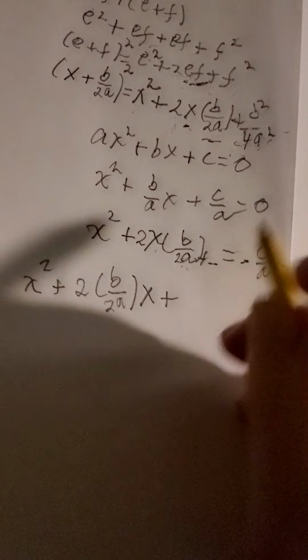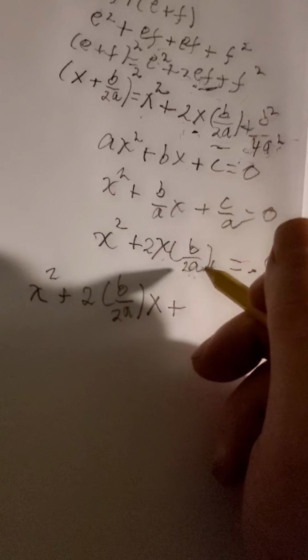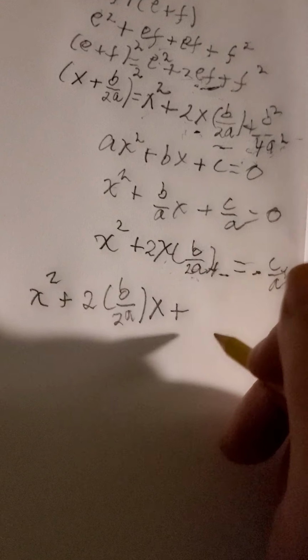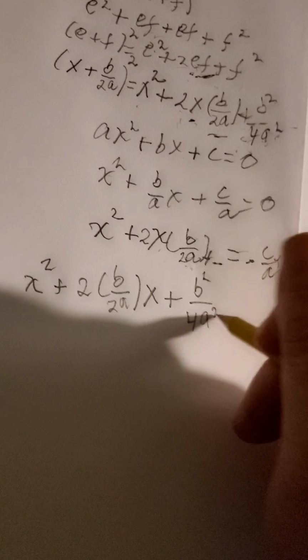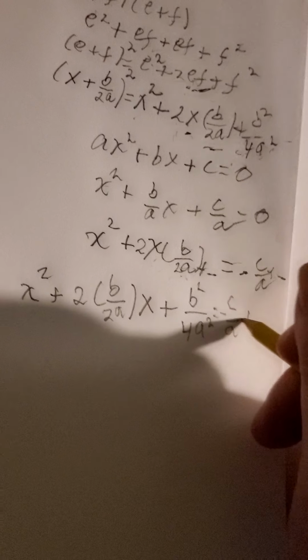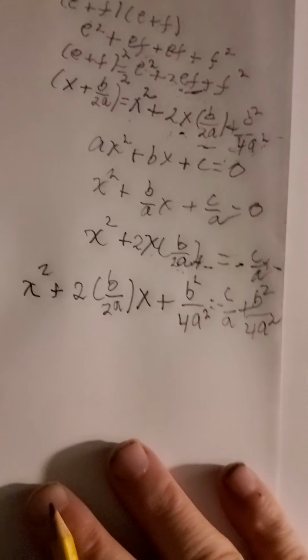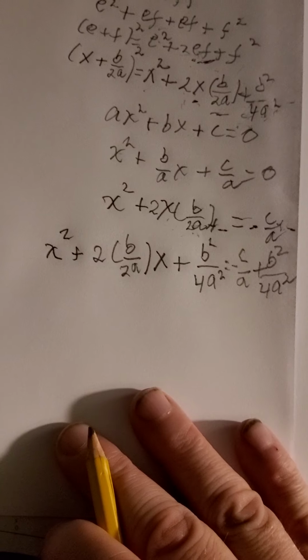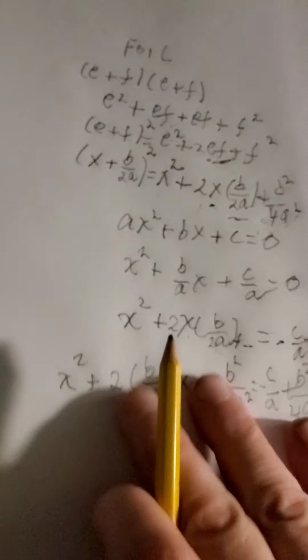So I'm going to add that b over 2a quantity squared to both sides here. So I'm going to have b squared over 4a squared equals negative c over a plus b squared over 4a squared, right? Okay. Now I'm going to write this in condensed form, just like this, x plus b over 2a quantity squared.